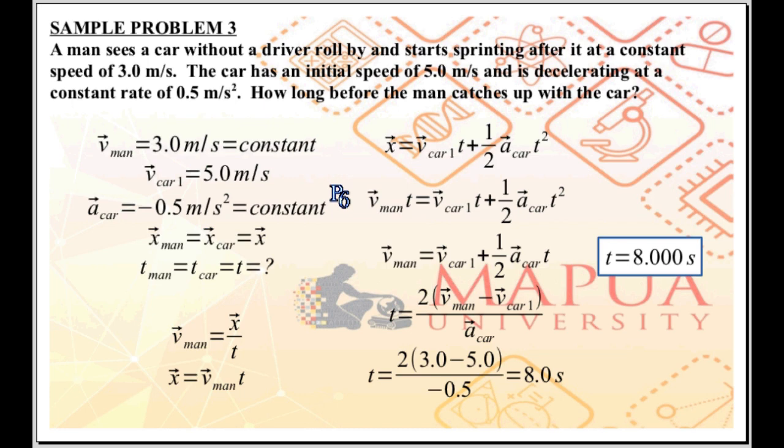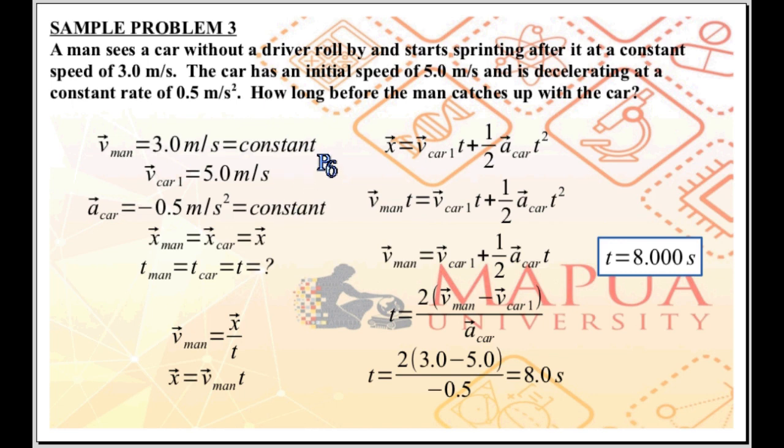Since the man is running after the car, both the man and the car will have the same displacement and same time of travel. So we can use X and T to unite the two analyses that we will do: the analysis for the motion of the man and the analysis for the motion of the car.